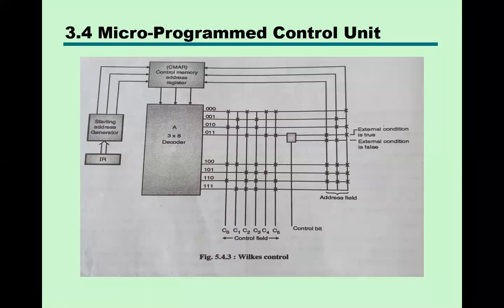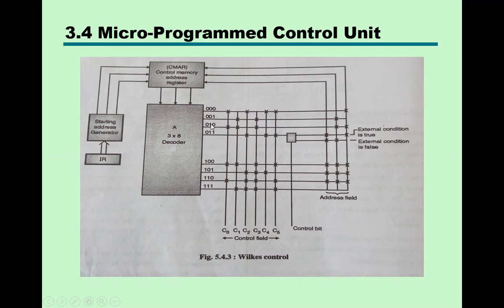Okay. So on the basis of the starting address, whatever address is provided, for example 000 or 001, from the instruction register the decoder activates one of the 8 output lines. So as per the address, there is a decoder. This decoder will activate one of the 8 output lines. This activated line in turn generates a control signal.